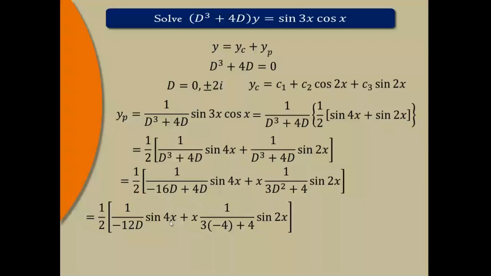It becomes minus 12 into minus 4 square into minus 4 cos 4x. Or you can take 1 by D as integration, and the integration of sine 4x is minus cos 4x divided by 4. So this can be simplified either way: treat 1 by D as integration and solve, or multiply and divide by D, because there is no plus or minus term there.